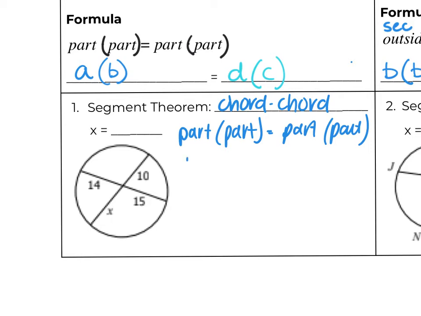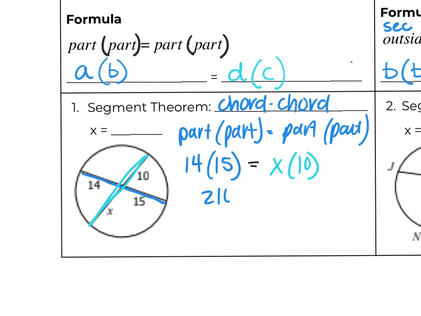We'll do this one: 14 times 15 equals, and then this one, x times 10. Then you want to simplify. 14 times 15 is 210, and x times 10 is just 10x. Divide by 10. So x equals 21.